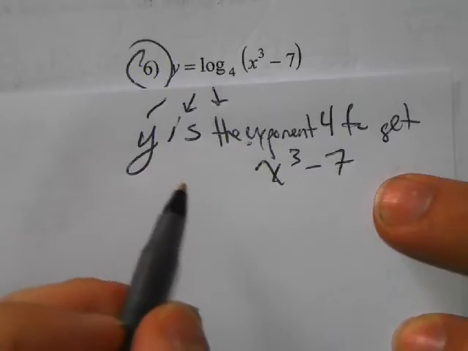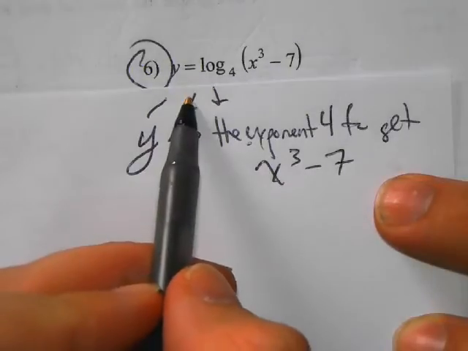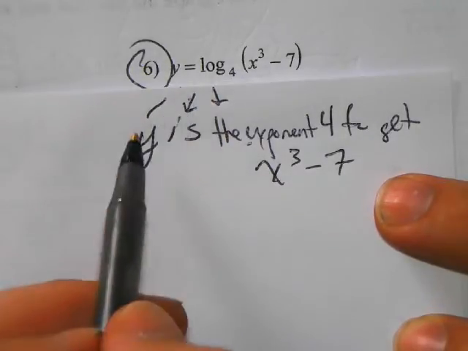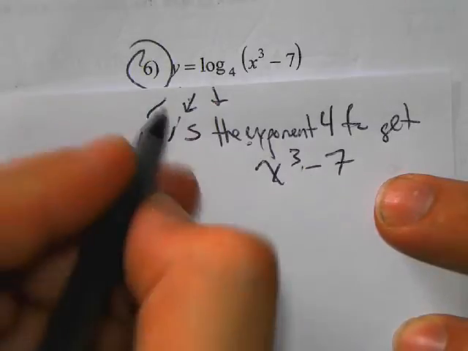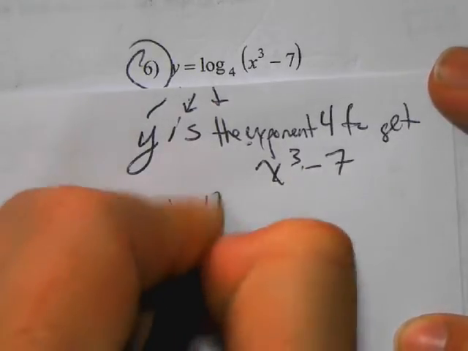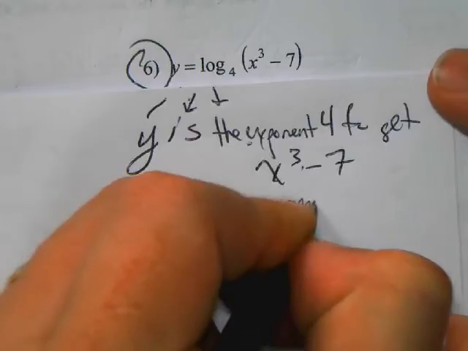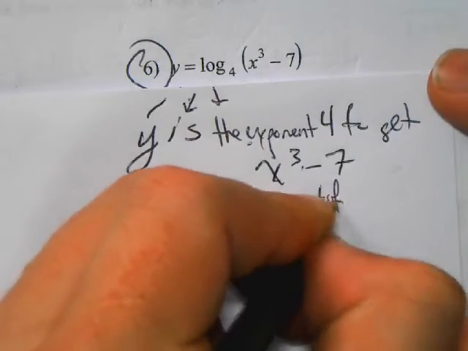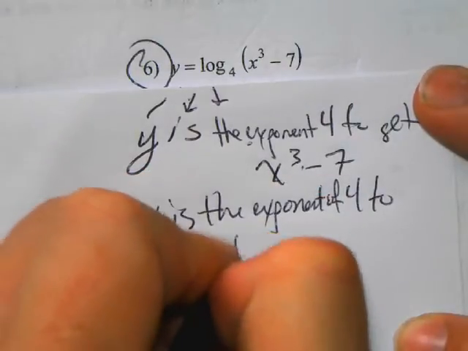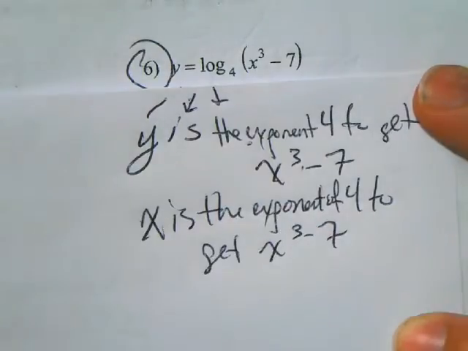And we want to make sure that as we do this, we're switching the x and the y. So x is the exponent of 4 to get y cubed minus 7.